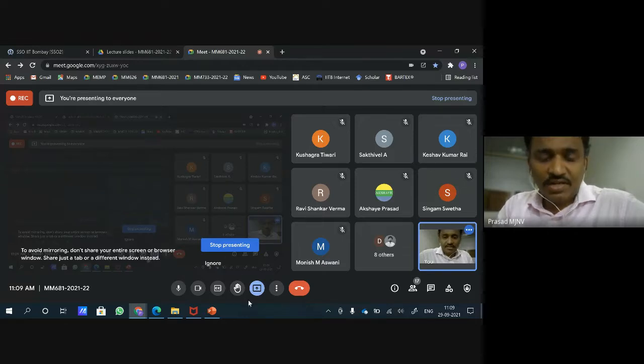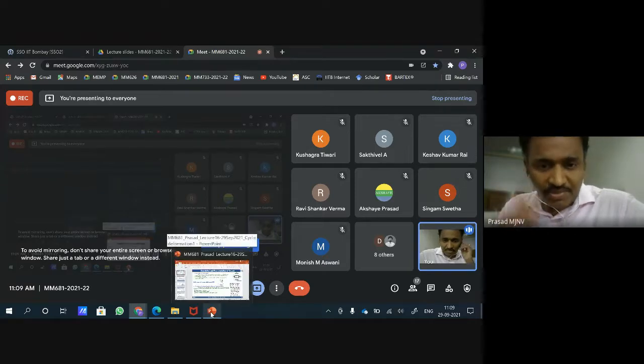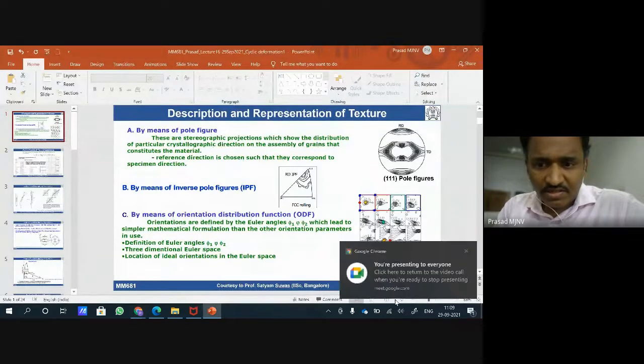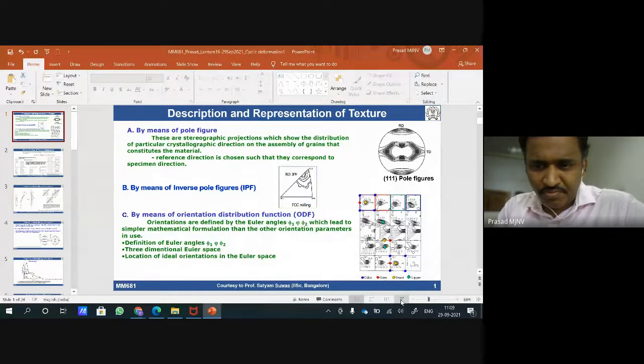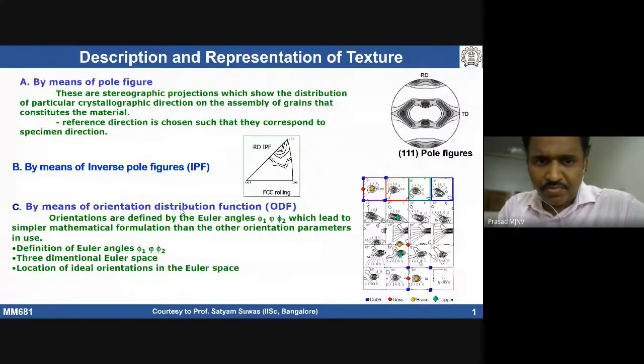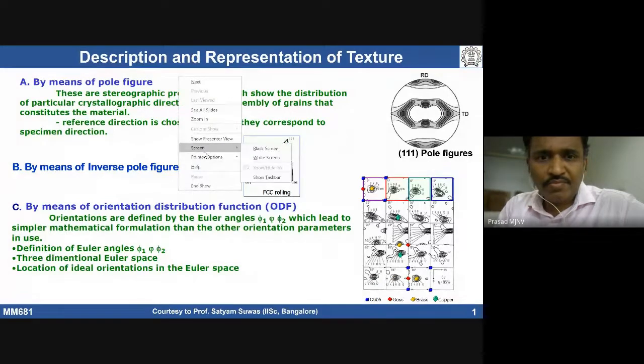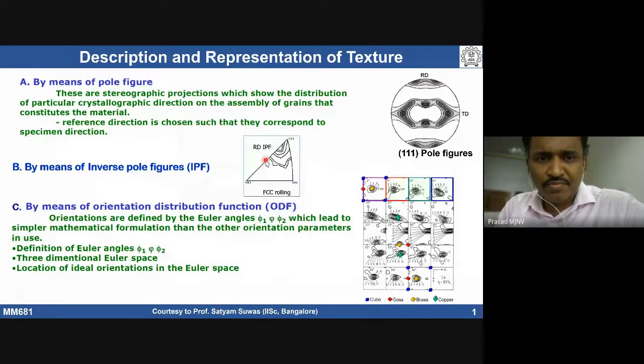So in my previous lecture, we had two lectures on crystallographic texture. Crystallographic texture is one of the important microstructural aspects which plays a significant role on mechanical properties of a material.